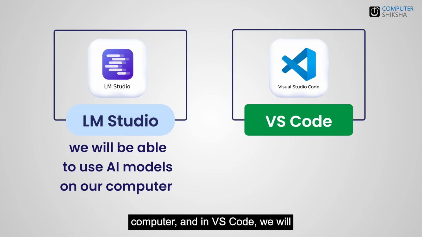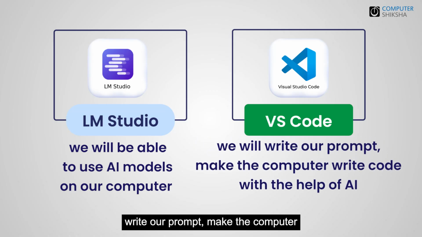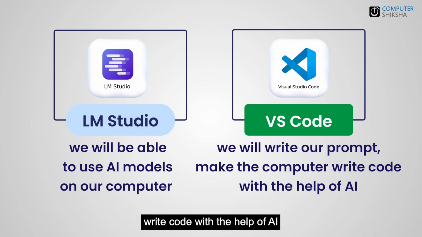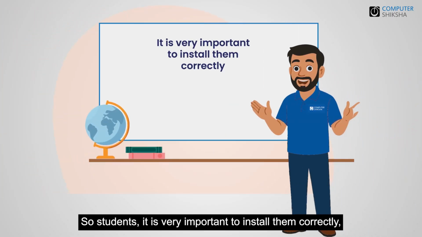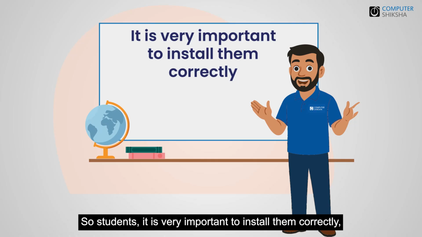And in VS Code, we will write our prompt, make the computer write code with the help of AI, and build new things. So students, it is very important to install them correctly so that we can easily work in our upcoming lessons.